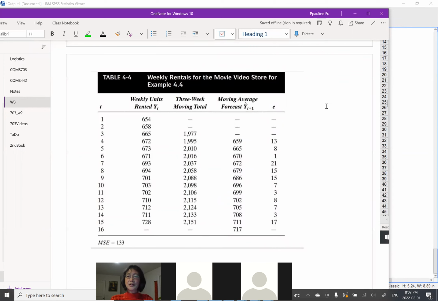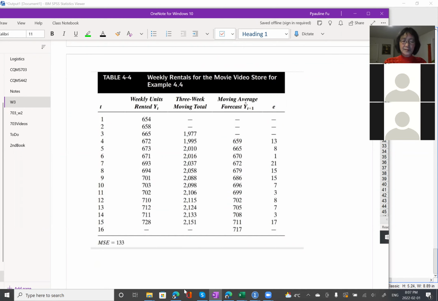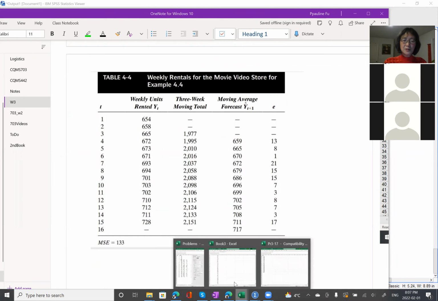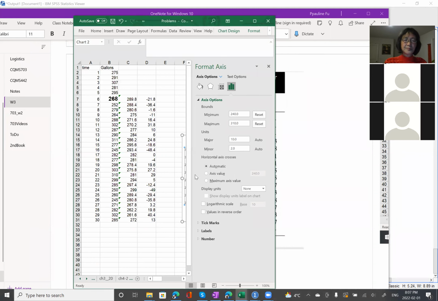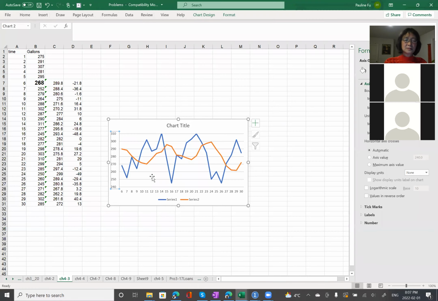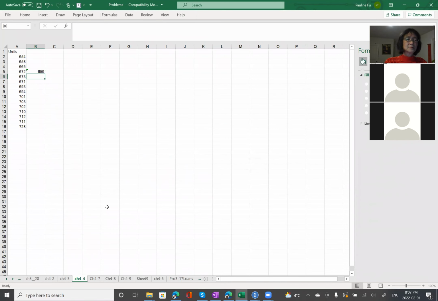So I'm going to pull out my Excel. In table 4.4, this is the original data. Double check: 65472.